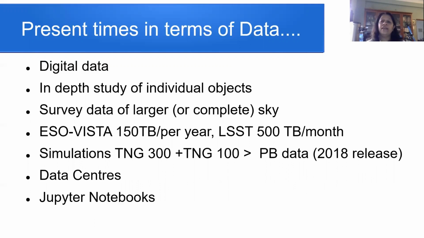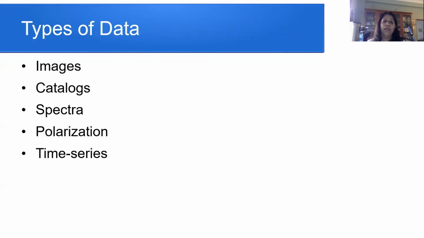So one can write code to access the data, manipulate it, and get it in a certain format as per your requirement using Jupyter notebooks. We won't be talking about Jupyter notebooks today, but we have some separate sessions specifically for Python, where we'll start right from the basics and take you up to a level at which we can access astronomical data with Jupyter notebooks.